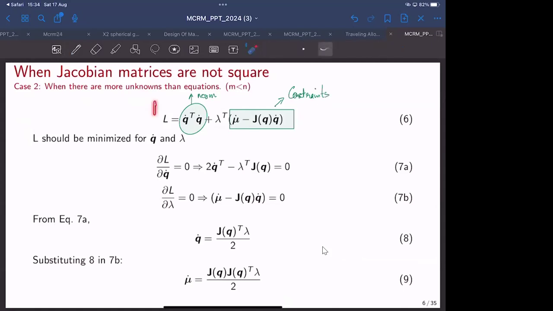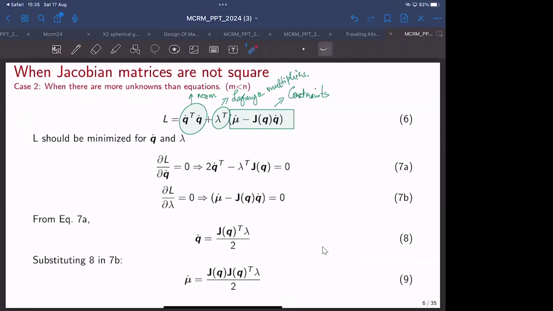So this becomes a typical constrained optimization problem, where you have to minimize something subjected to some constraints. And over here we have a parameter called Lagrange multipliers.